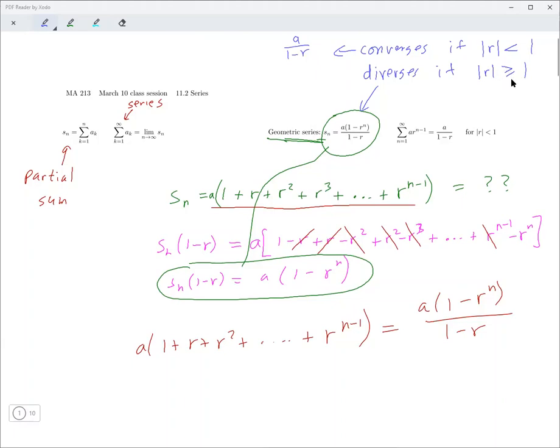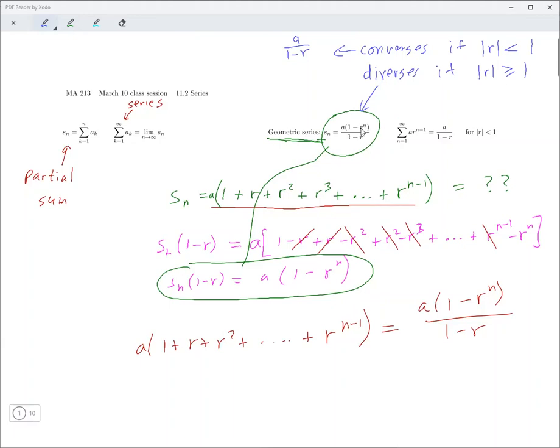But if the absolute value of r is greater than 1, then this is going to go up to infinity, so it'll diverge. If it's equal to 1, then you're dividing by 0 here, so it just diverges.